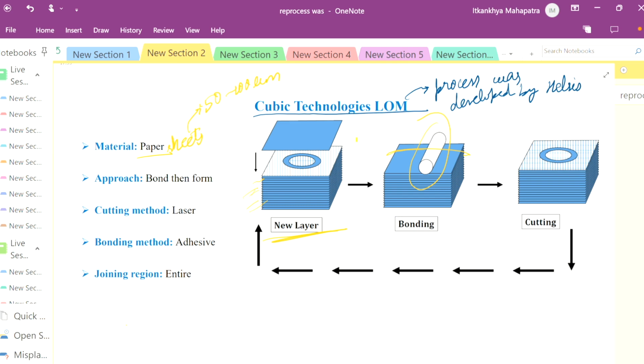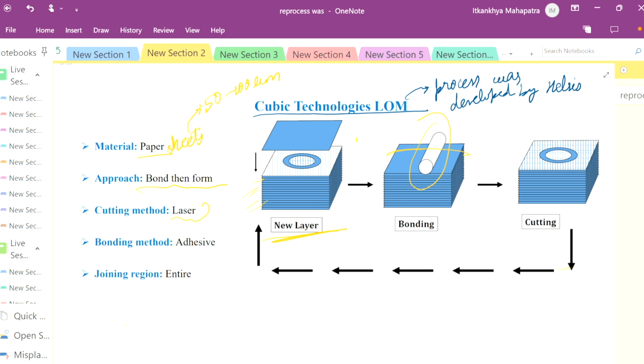So in this approach, we are using the technology that is bond then form. We make the adhesive bond, and then we cut the remaining portion, that is the supports, the extra portion. To remove the extra portion we use a laser.